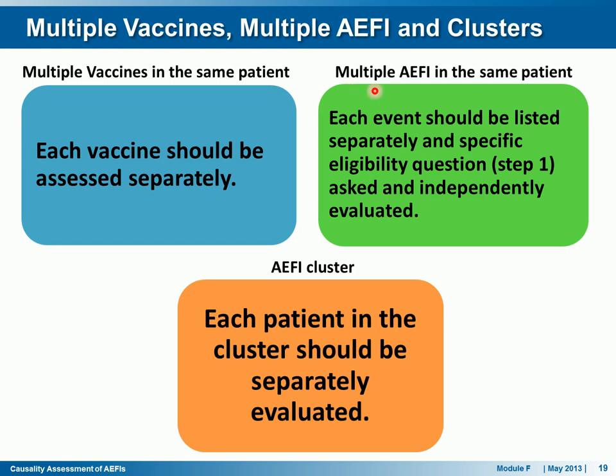Similarly, if there are multiple AEFI in the same patient, each event should be listed separately and a separate eligibility question in step 1 should be asked, and the case should be independently evaluated. In case of AEFI clusters, each patient in the cluster should be separately evaluated.